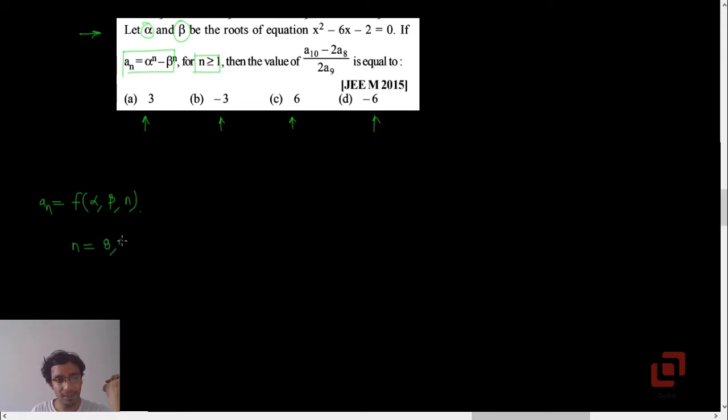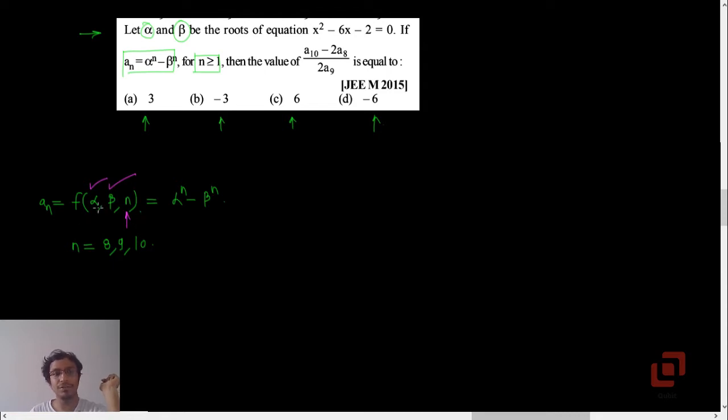Those are 8, 9 and 10. And an is defined as alpha to the power n minus beta to the power n, where alpha and beta are the roots of the quadratic equation. So once we obtain the values of alpha and beta, then an will simply be a function of n.